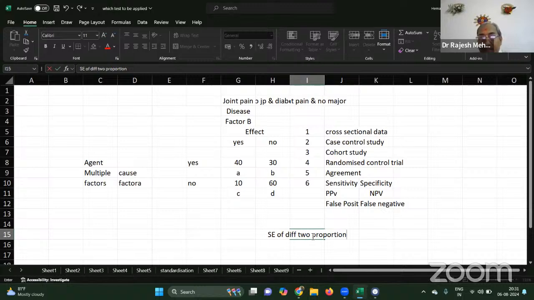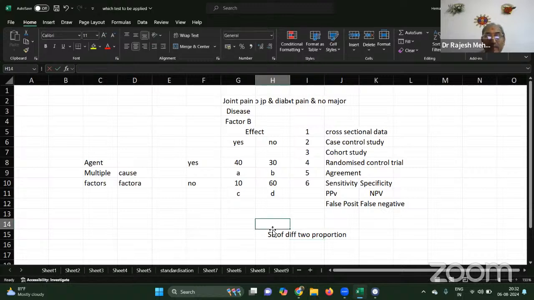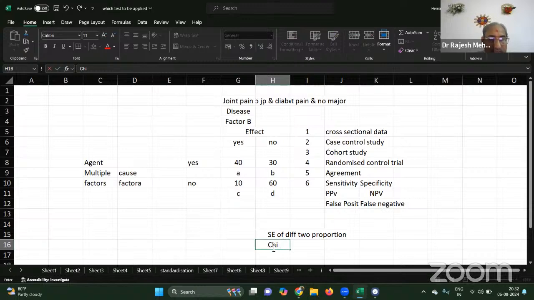There could be six types of data in this 2 by 2 table, right? And the calculation and formula for all these would be different, right? What we can find out here, you can apply the chi-square test also in a 2 by 2 table, right?